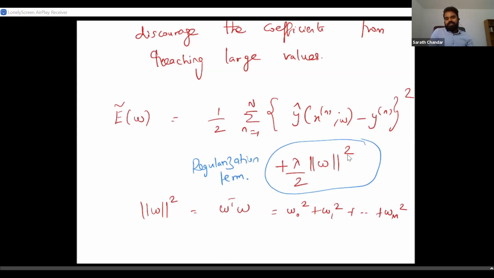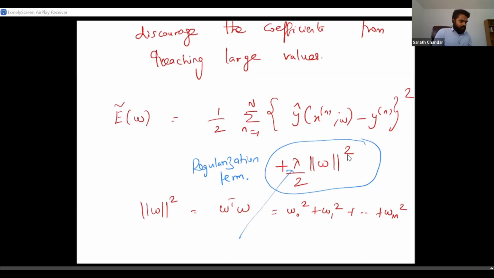Essentially, when I minimize this function, I'm not just minimizing the least squares, I'm minimizing the least squares in a way that my w is going to be small as well. So this objective function makes sure that w doesn't blow up, or in some sense, it is regularizing the training procedure. Now what is this lambda?